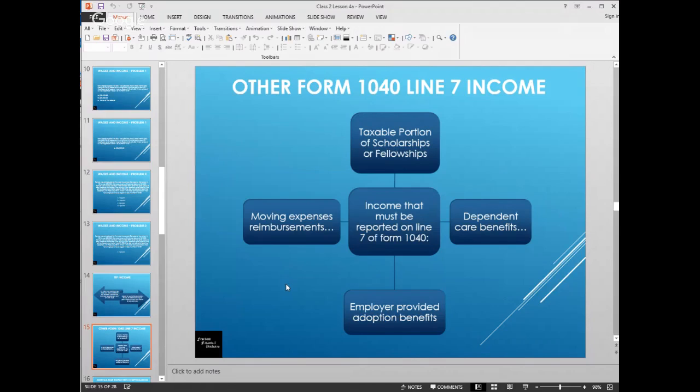We'll look at how you would determine that as we start looking at the deductions. So know that it could possibly be part of line 7, and it will come into play when we go into more detail on moving expenses, dependent care benefits, as well as adoption benefits.